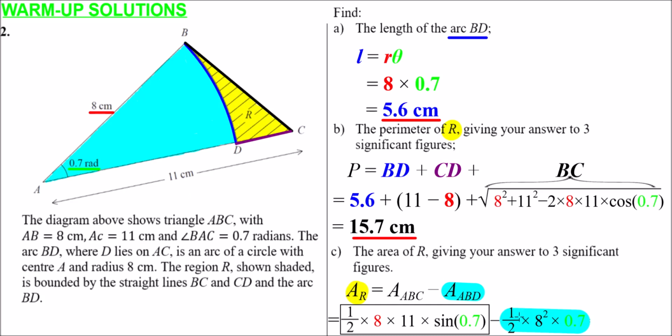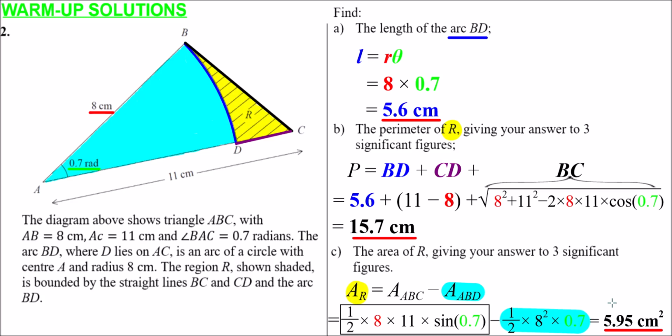The area of any sector with an angle of theta is a half r squared theta, in our case 0.7. Again, if we put this into the calculator and round correctly, taking a bit of care, we should see that the area of R comes out to be 5.95 square centimetres.